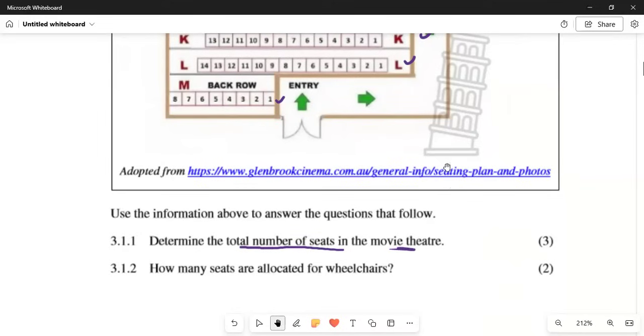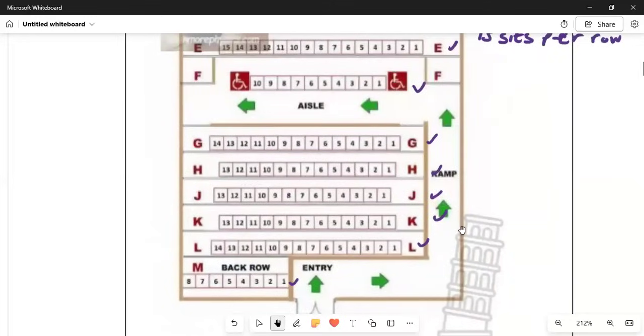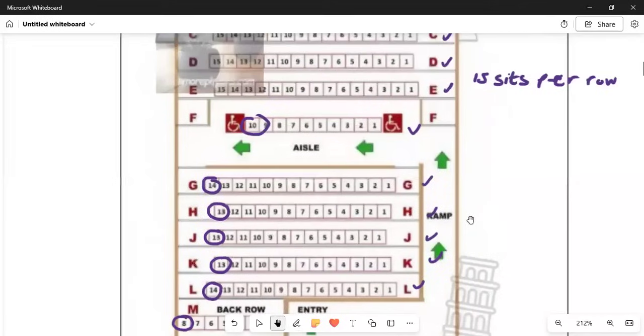You are going to add these numbers here according to the seats. So we are going to say 8 here. There are 8 seats plus 14 seats plus 13 seats plus 13 seats plus 13 plus 14 plus 10 seats. And then we move on.